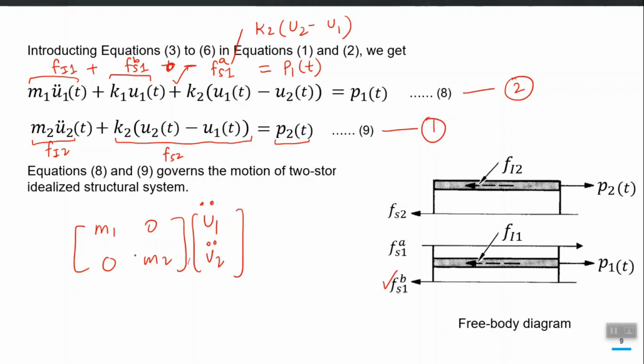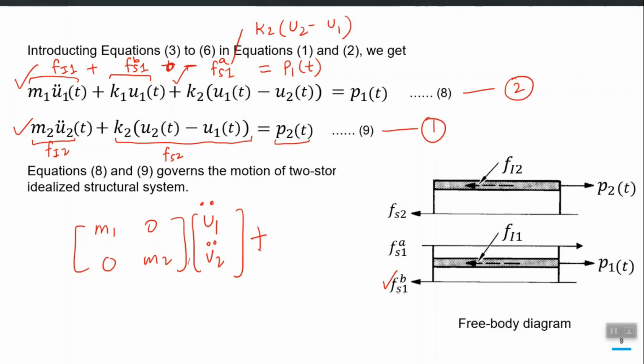When you carry out that multiplication, you will see that you get the first term of both equations: m1 u1 double dot plus 0 into u2 double dot, and similarly 0 into u1 double dot plus m2 into u2 double dot. So this multiplication gives you the first terms of equations 8 and 9. These two terms are being added to some additional terms.